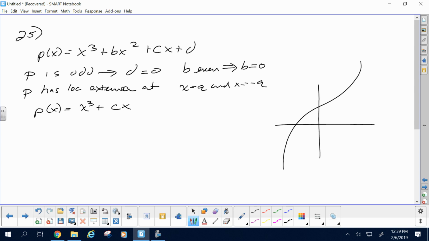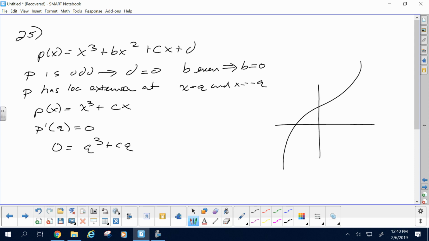Now this q stuff, I assume that I am not going to be able to find a real c. Is this some kind of q-ish number? Yes. Oh yeah. Okay. If it has extrema there, that implies that p prime at q is 0 or undefined. But because this is a polynomial, it's not undefined. It's just 0. So 0 equals q cubed plus c cubed.